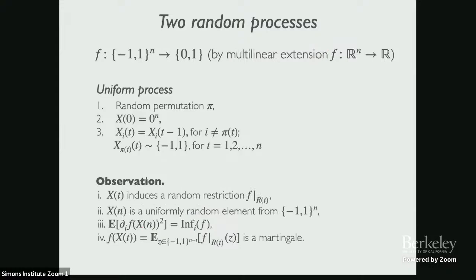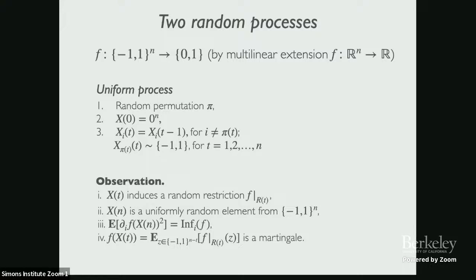Now maybe let's make some simple observations about this process. First, at time t, you have exposed t variables, so it induces a random restriction with t variables fixed. And at time n, you get a uniformly random element from your Boolean cube. Another thing that's relevant to us is the influence of a function.